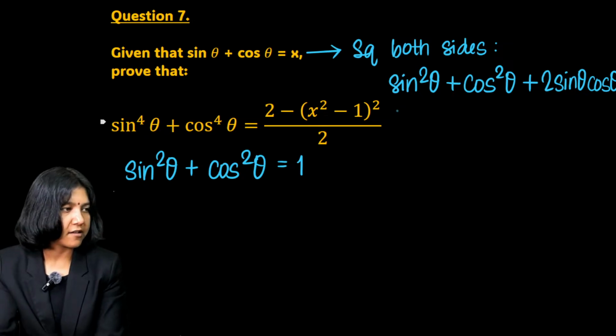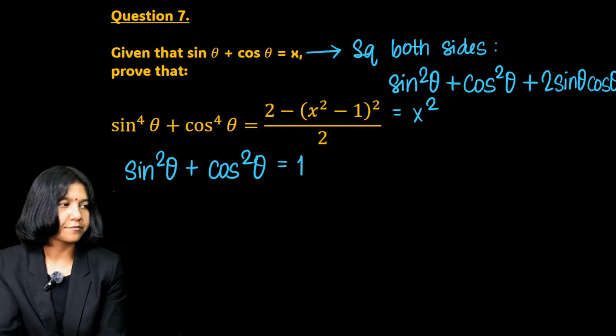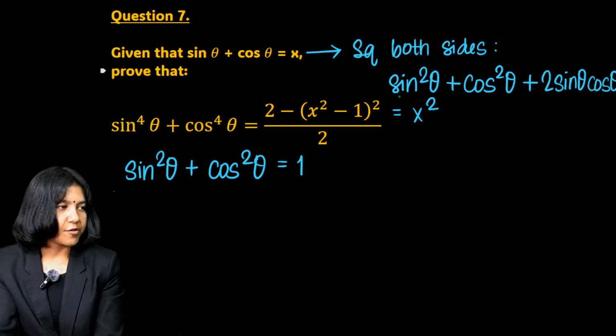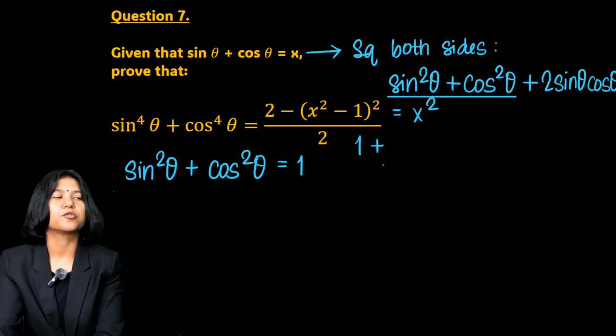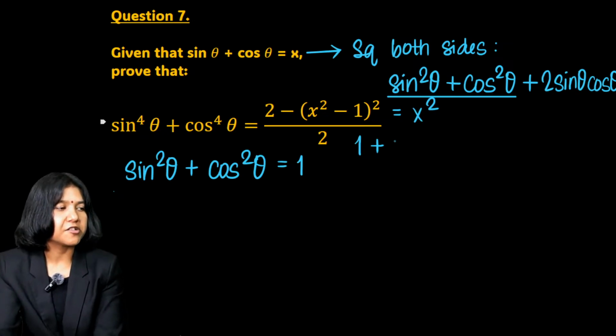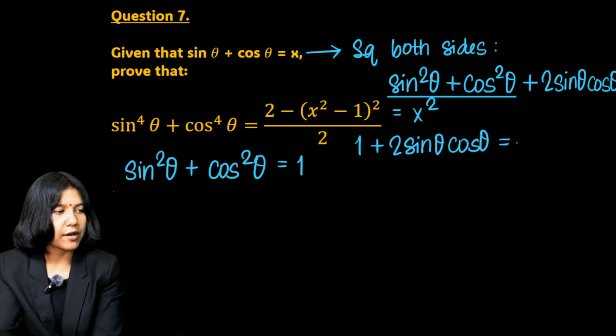Now if I take the square on the other side, it gives me x squared. So you know it already that sin square theta plus cos square theta is equal to 1. So if I write 1 instead of those two terms, then it just becomes 1 plus 2 sin theta cos theta equals x squared.